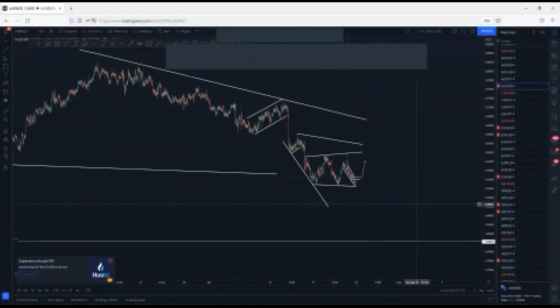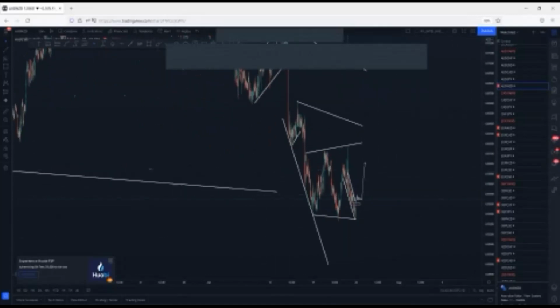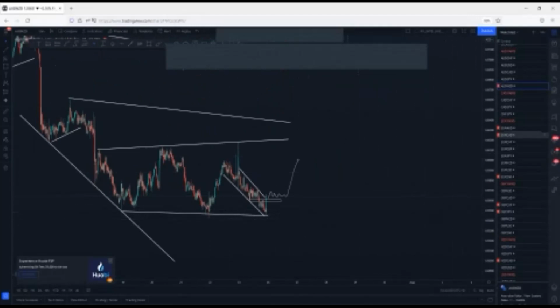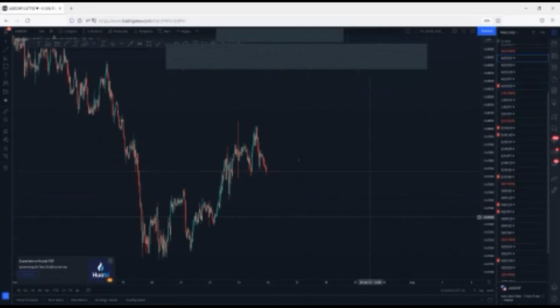Yes, I just saw a reversal pattern because if I check AUD CHF, it's losing momentum.